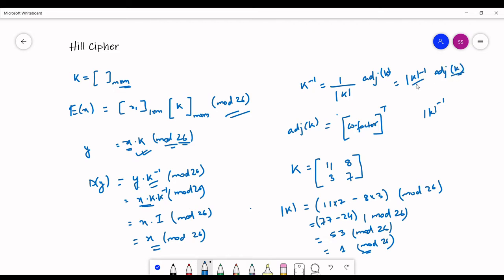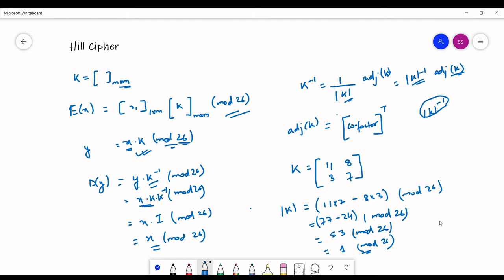You can't divide it. You have to find the inverse of the determinant of k and then multiply it with the adjoint of k. We have already seen how to find the multiplicative inverse of a number in the previous videos, so I'm not going deep into that. Here we got the determinant of k as 1.